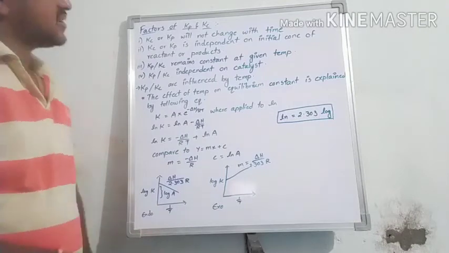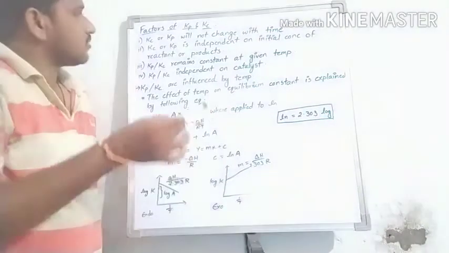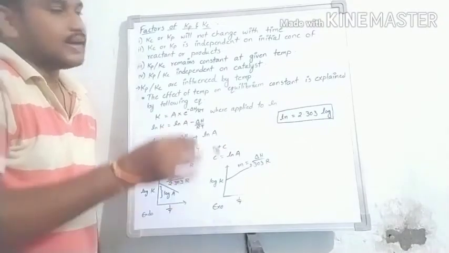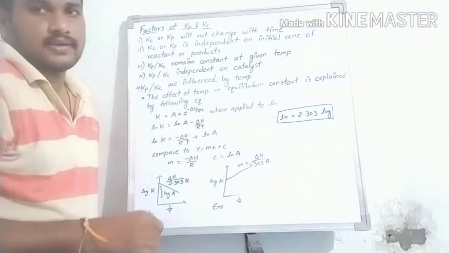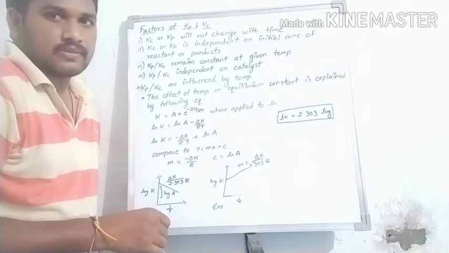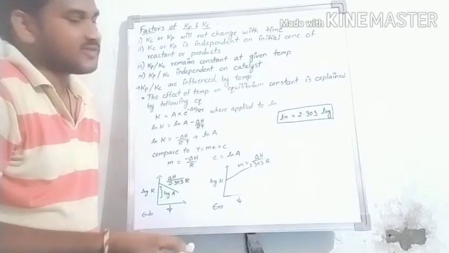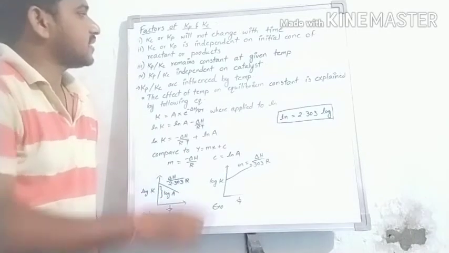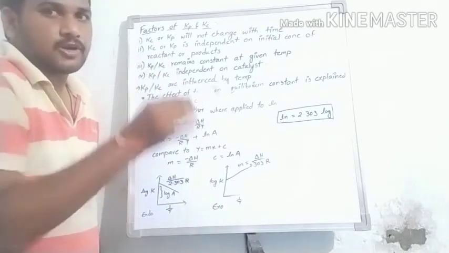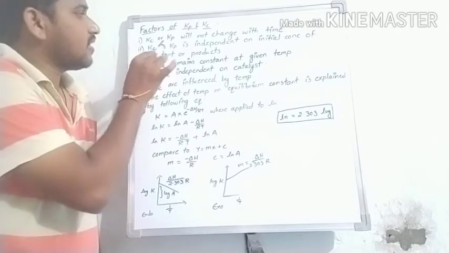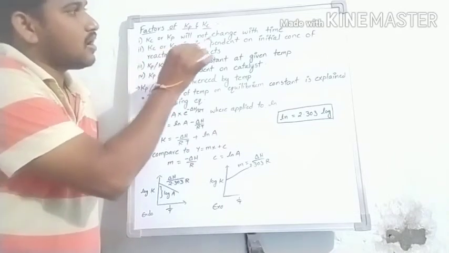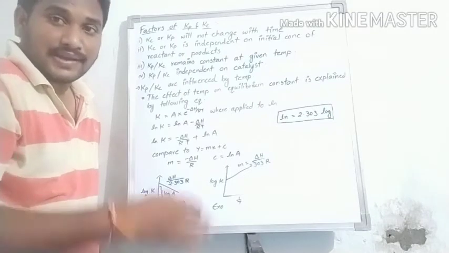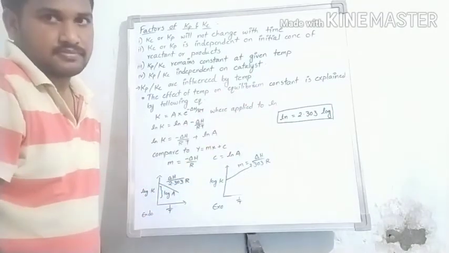Okay students, the next concept is factors affecting Kp or Kc, the equilibrium constants for concentration or pressure. First, Kc, the equilibrium constant for concentration, or Kp will not change with time. It is completely independent of time.